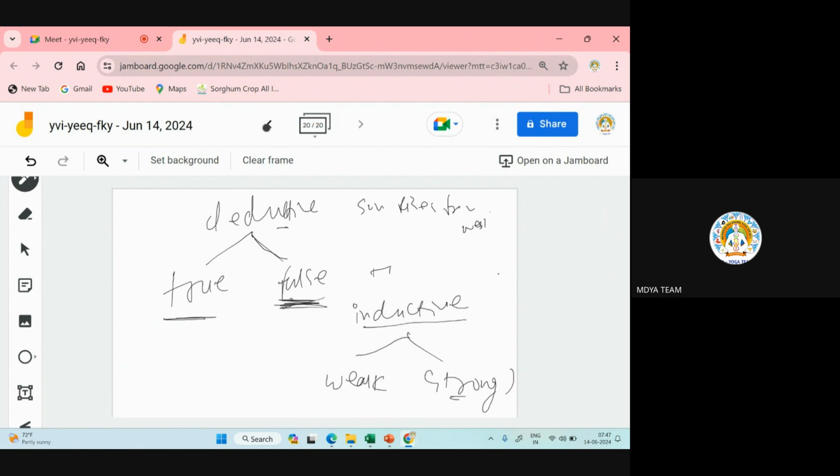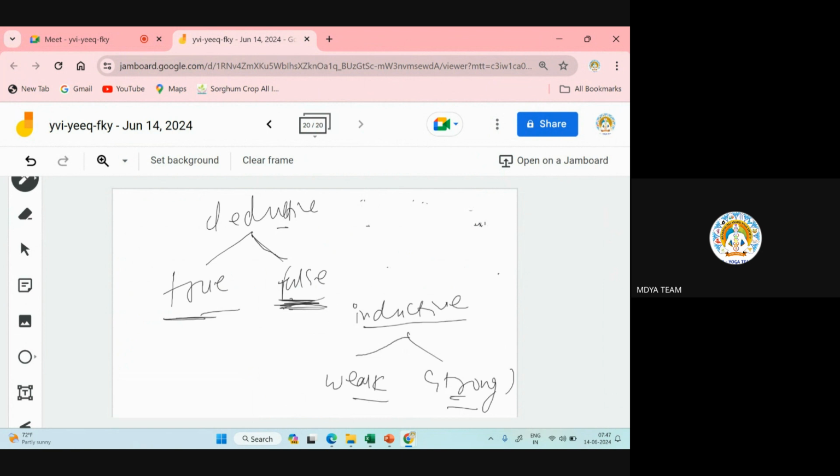So the premise is false, so the conclusion will also be false. So this is an example of a false deductive argument. If your premises are false, your conclusion can never be true. But in an inductive argument, you are never sure whether the conclusion will be true or false. So it is weak or strong.